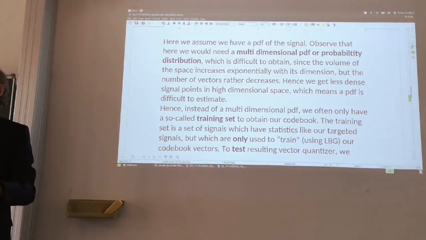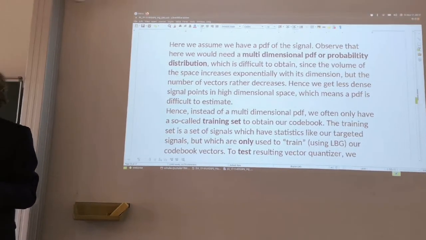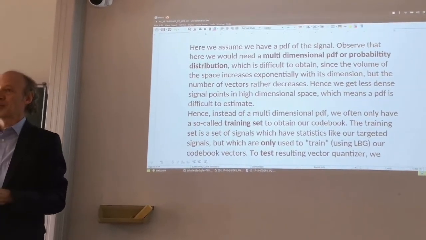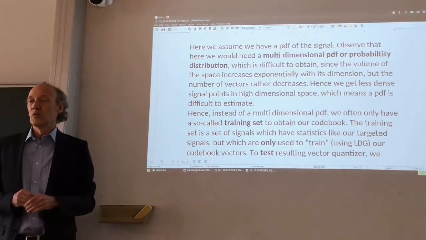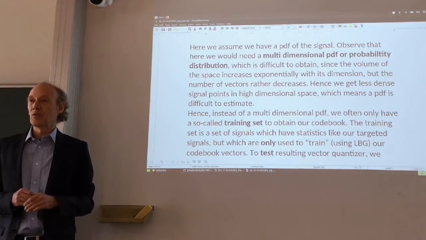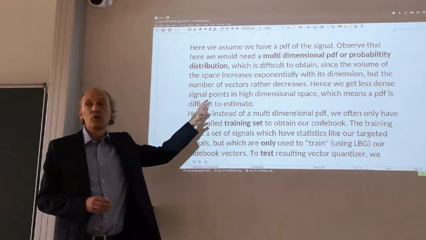We just have, say, many recordings of speech. Female speech, male speech, speakers who are saying different things, different persons talking. And this is a collection of speech signals which you use to obtain speech statistics, basically to get the code word. But the approach is very similar to neural networks.